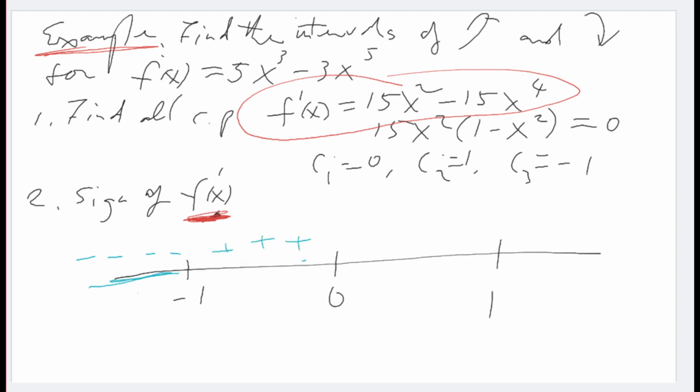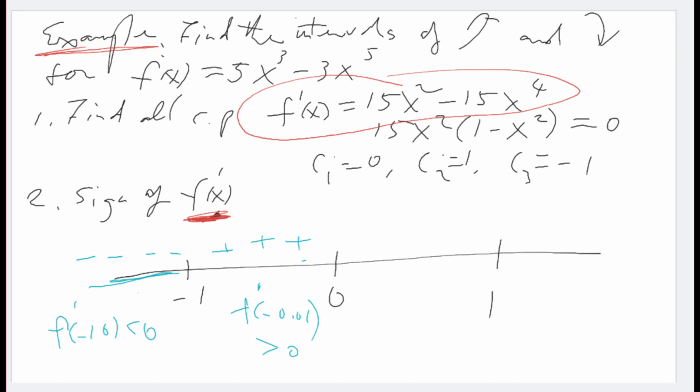So I can just write, f prime at -0.01, I guarantee you with your calculator, it's going to be positive. Here we picked f prime at -10, and using a calculator you'll find it's negative. Anyway, this is how you create a sign chart.